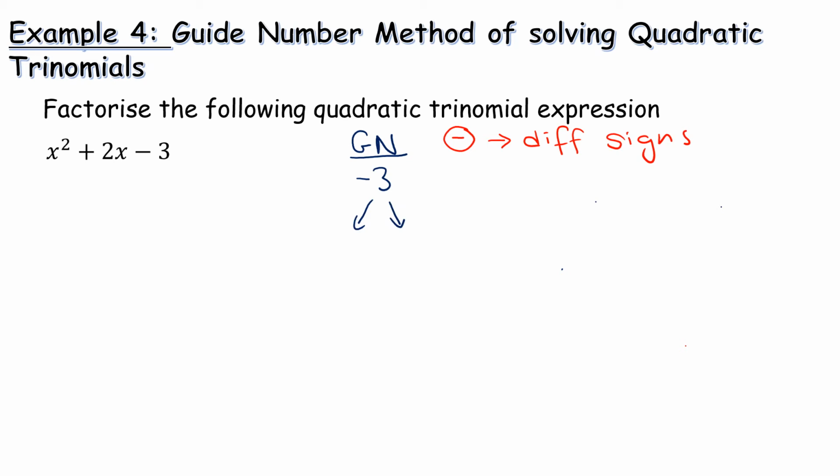So 3 is prime. So it was either minus 3 by plus 1 or plus 3 by minus 1. Now, I want it to add to my b, the coefficient of my middle term. So it has to add to 2. So the correct factor pair for us will be a plus 3 minus 1. Because if we used minus 3 plus 1, it would have been a minus 2.